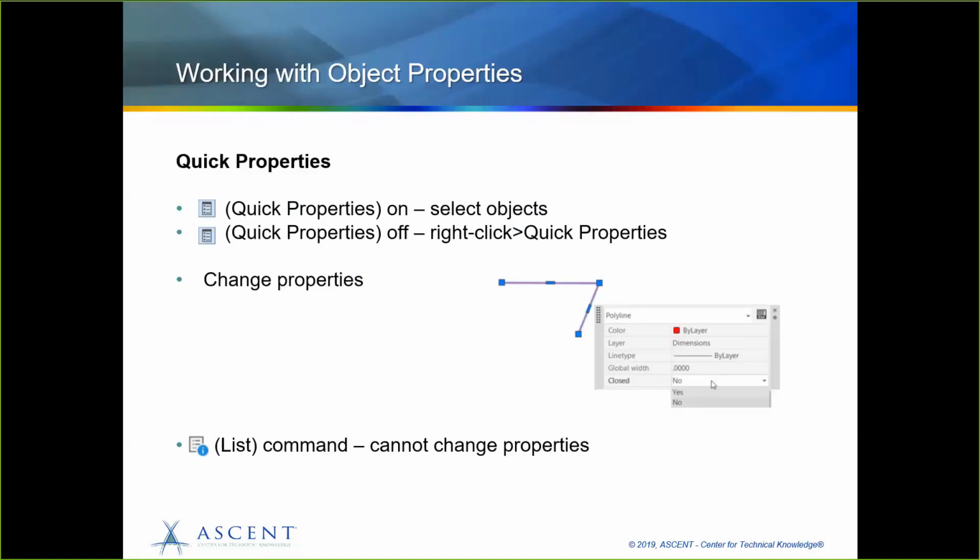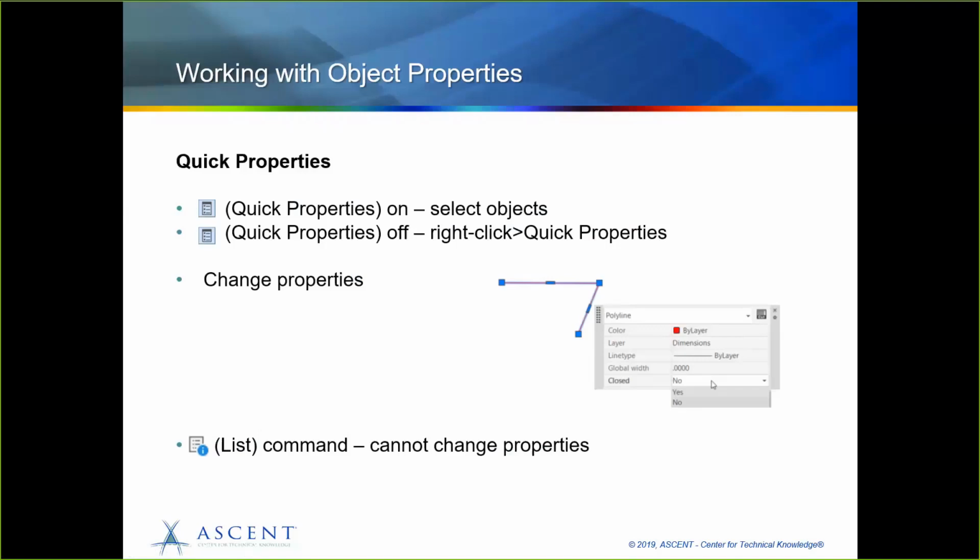Now, in addition to the Quick Properties, there is another tool that is provided in AutoCAD software, and that's the list command. When you invoke this command and you have an object selected, it opens a text window, and in that text window, it gives you some of the properties of the selected object.